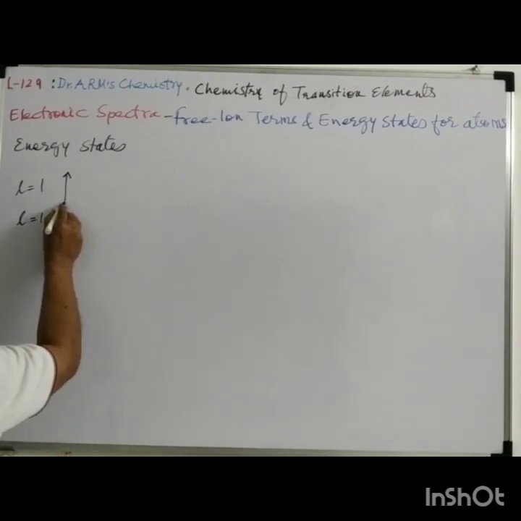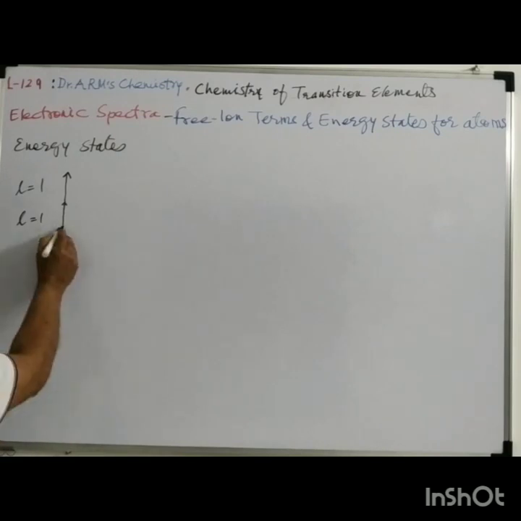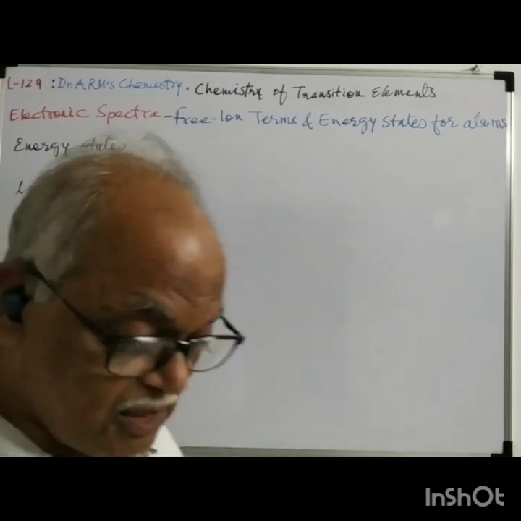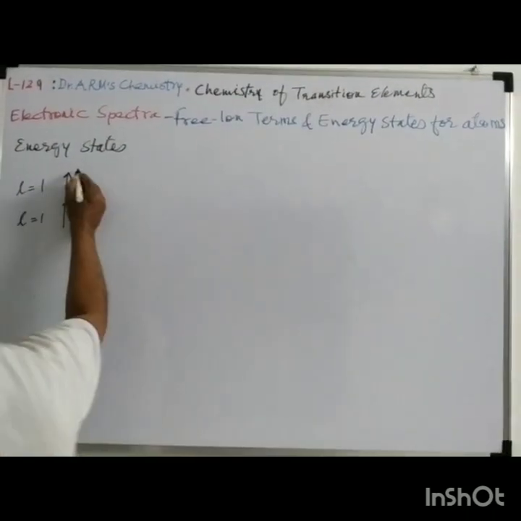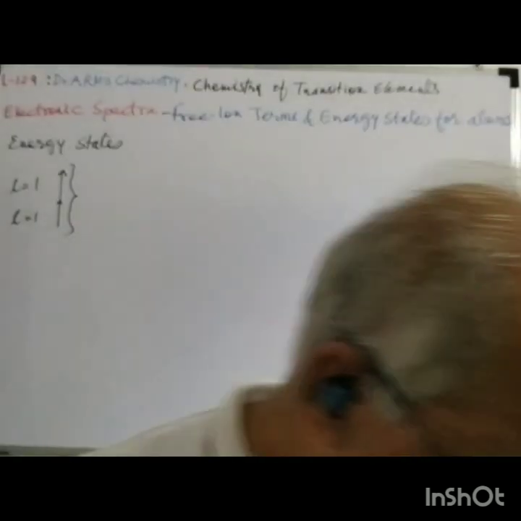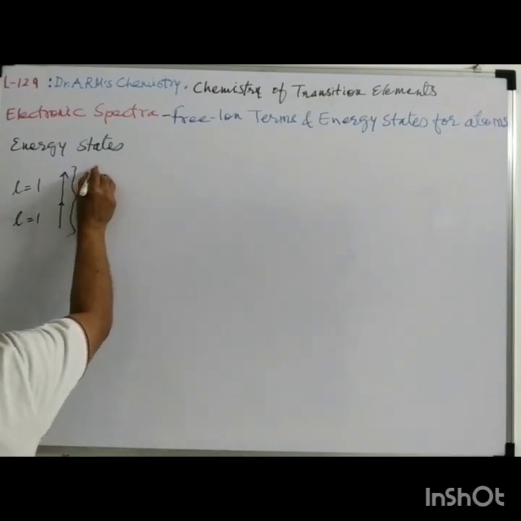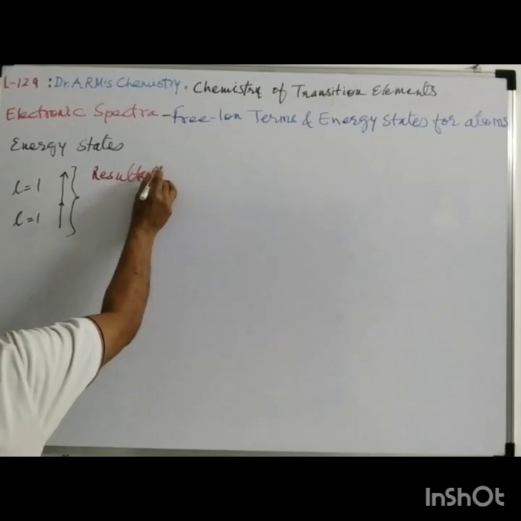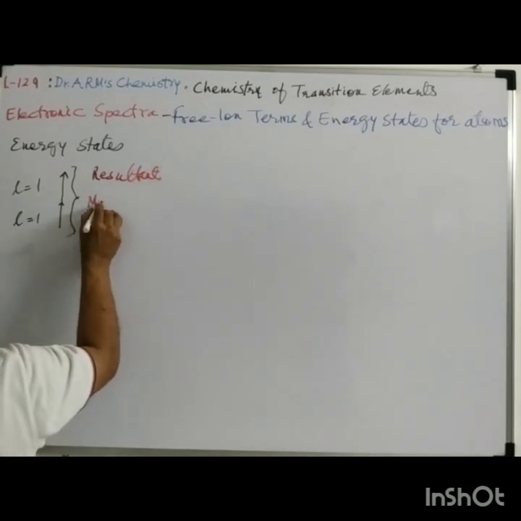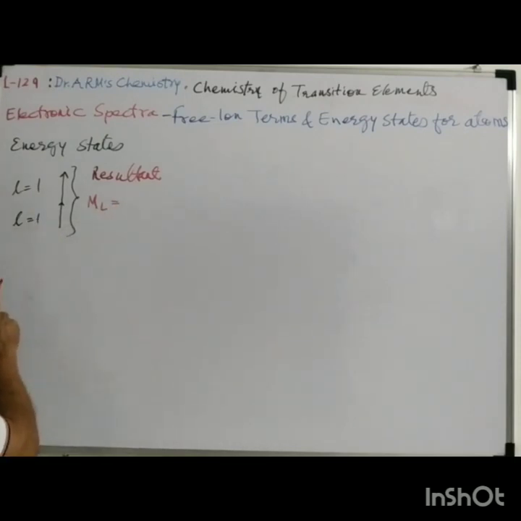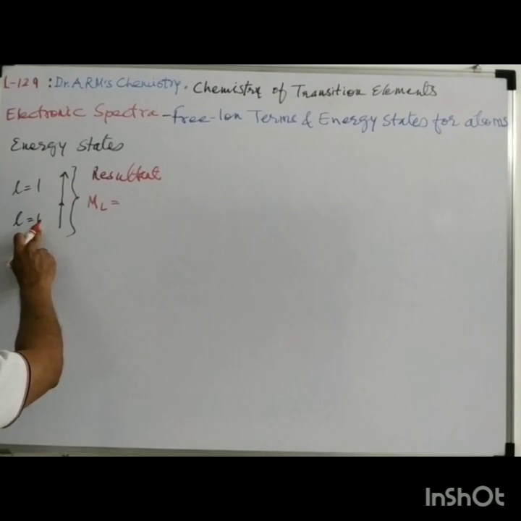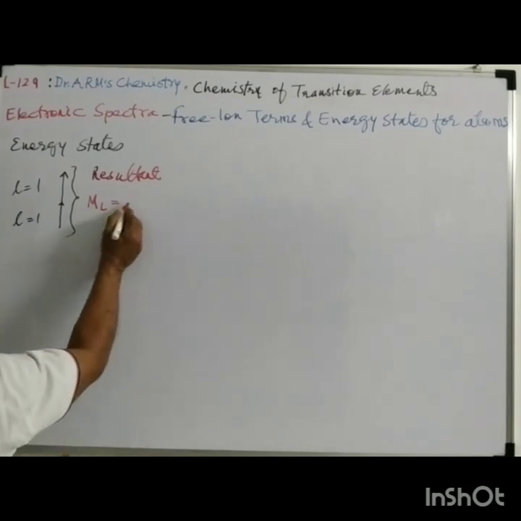Then when these electrons have the same energy, the resultant of this gives ML, which is L plus L, so the sum of these L's.